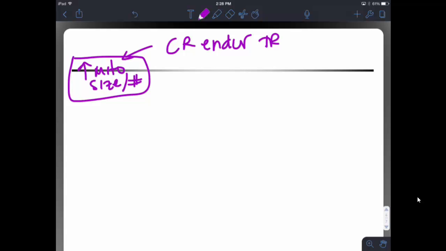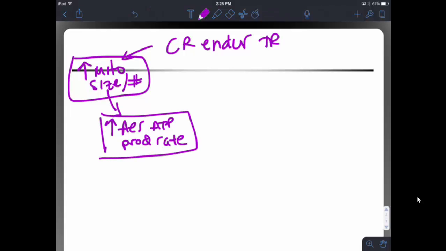So if you have more mitochondria, you're going to be able to produce more aerobic ATP, because the mitochondria is the location of aerobic ATP production. And remember that aerobic ATP production requires oxygen. So if we're making more aerobic ATP, we're going to be using more oxygen. Correct?